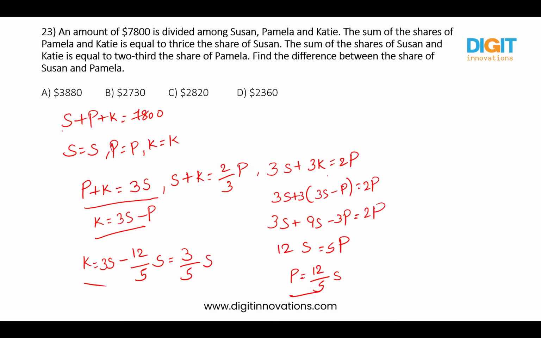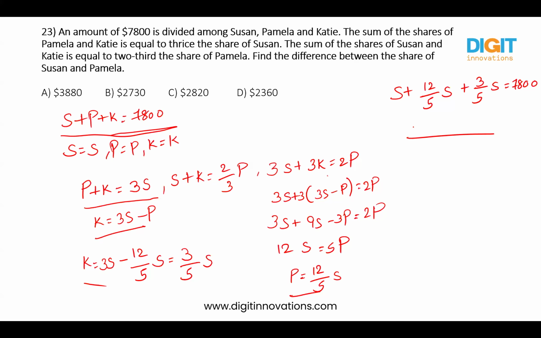I'm placing these two values in the equation. So S plus S would be S only. P is 12 by 5 S. K is 3 by 5 S, equal to 7,800.